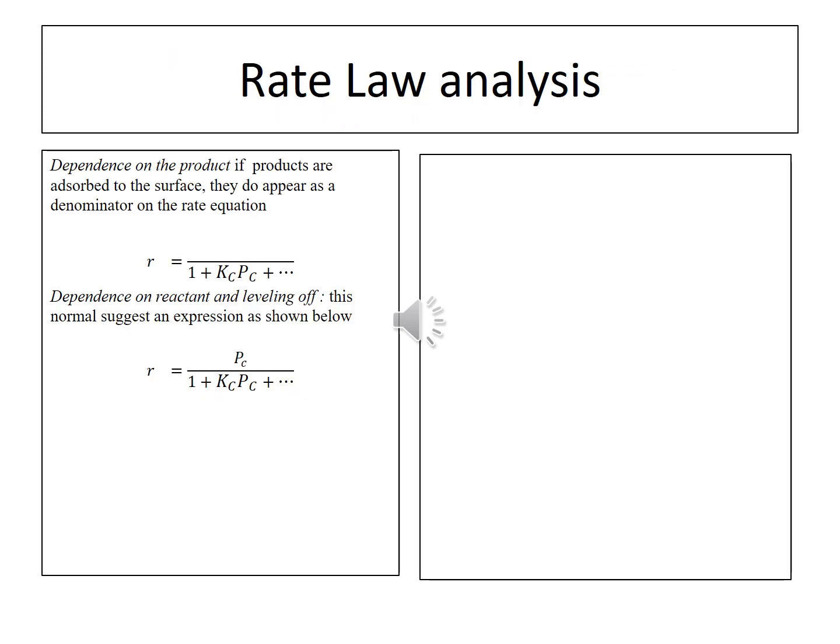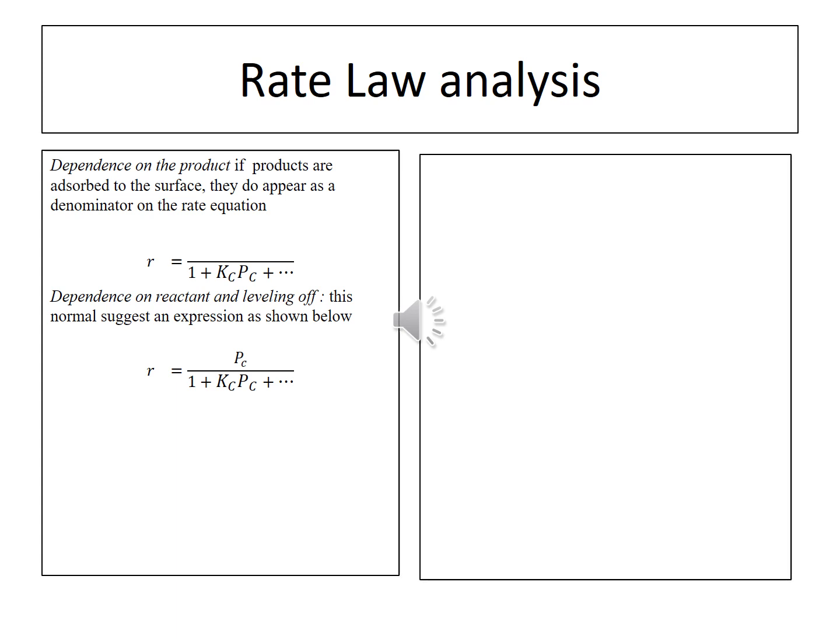Another important thing is to be able to move from the rate law to determine what the adsorption steps are, how molecules are adsorbing, and how the surface reaction proceeds. Generally, in the rate equation, what is observed at the bottom is what was adsorbed at one time.